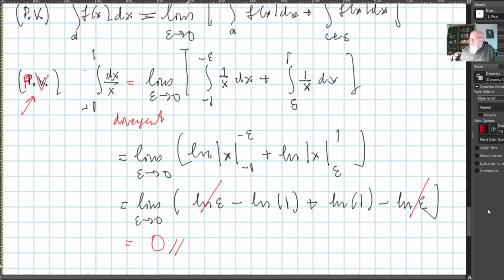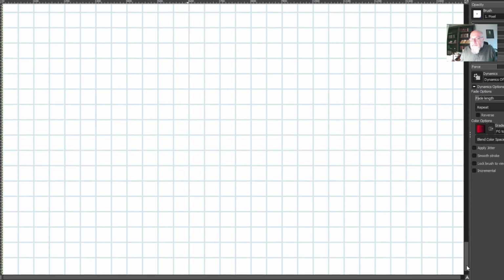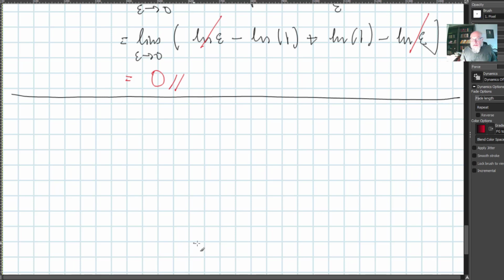I will now be interested in the following situation: a singular point which is on the path of integration.